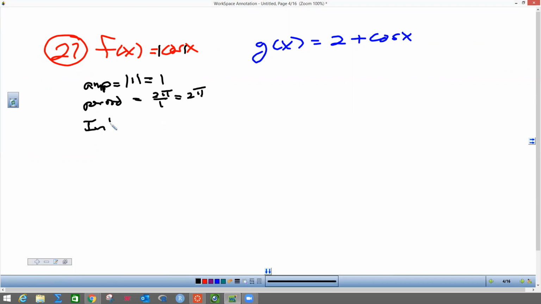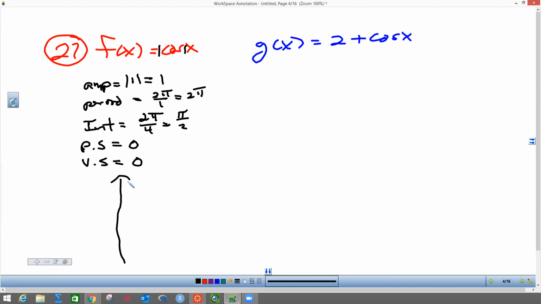Intervals, those are my tick marks, are going to be 2 pi divided by 4, which is pi over 2. Phase shift. There is nothing in parentheses with the x, so it is 0. Vertical shift, there's no number by itself out here. It is 0. And I'm not really worried about frequency right now. So I'm going to graph this thing.